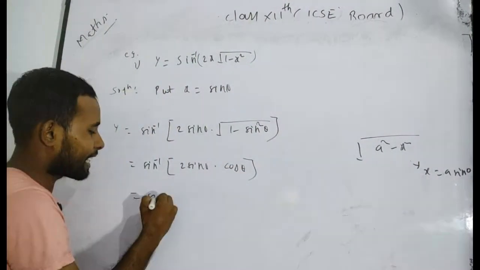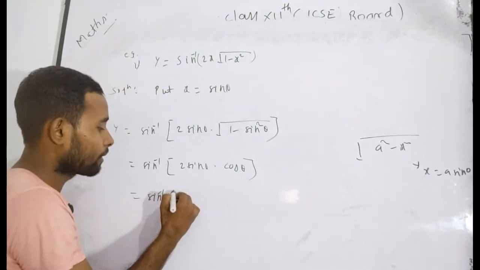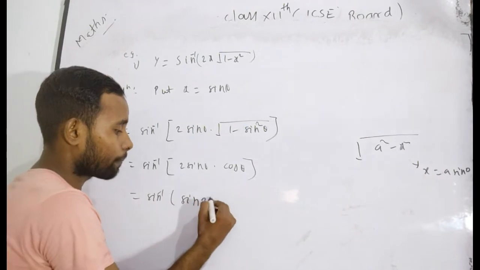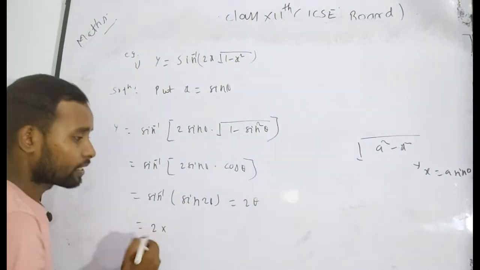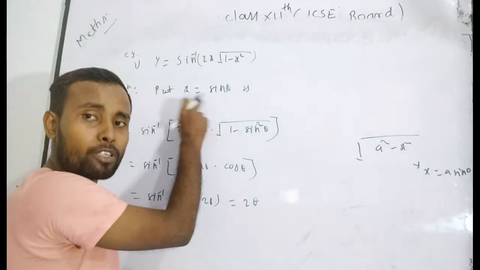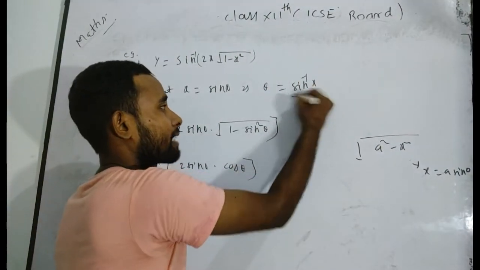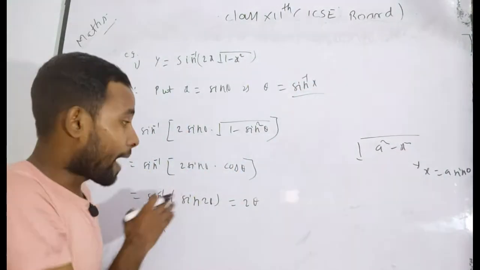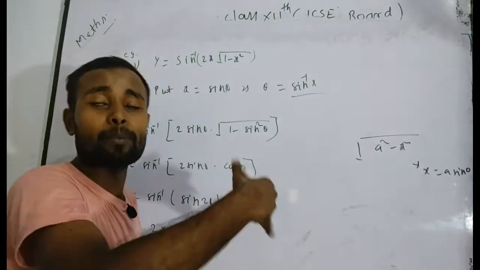Now again see here, this is sin inverse, and 2 sin theta into cos theta will be what? Sin 2 theta. Finally you will get 2 theta. What is theta? Theta you can express as you have supposed x is equal to sin theta, so theta is equal to sin inverse x.